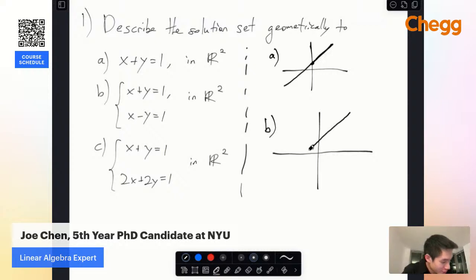We have x plus y equals 1 here, and then we have x minus y equals 1. This should look something like this. Is that right?